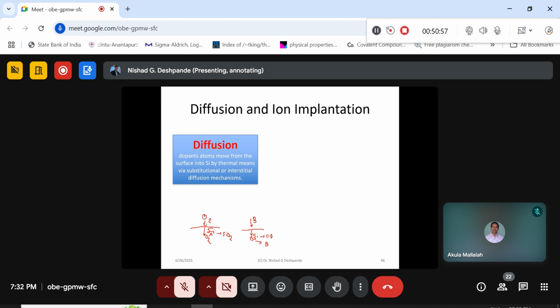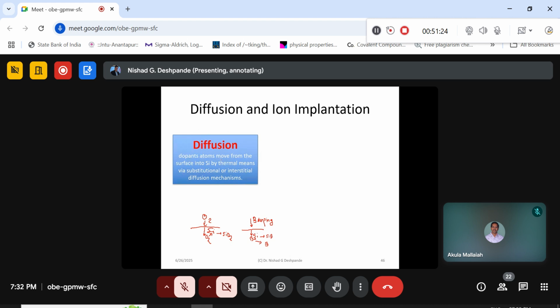These defects can later be filled up by external elements that are moving into the surface. What I mean here is that I can have the doping process through diffusion, the thermal diffusion process I am talking about.